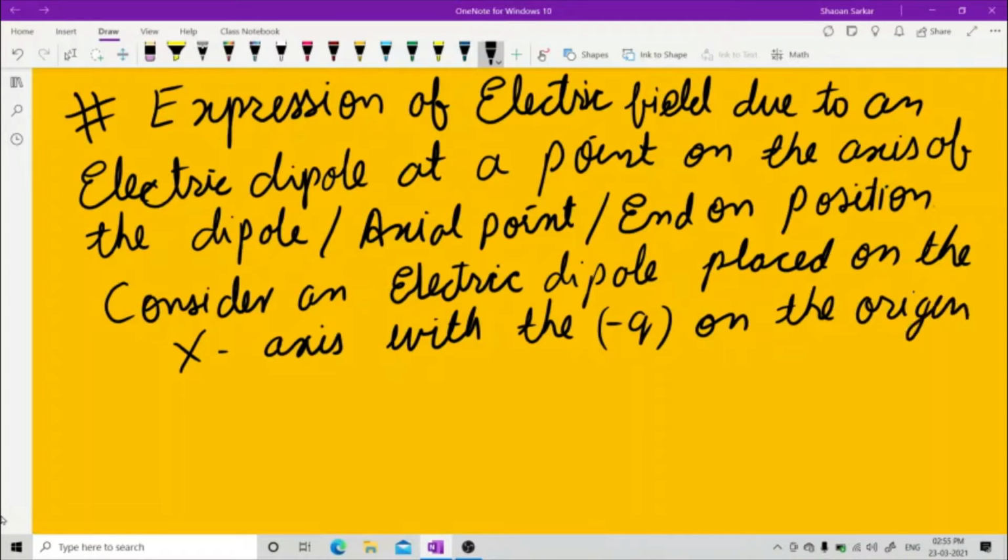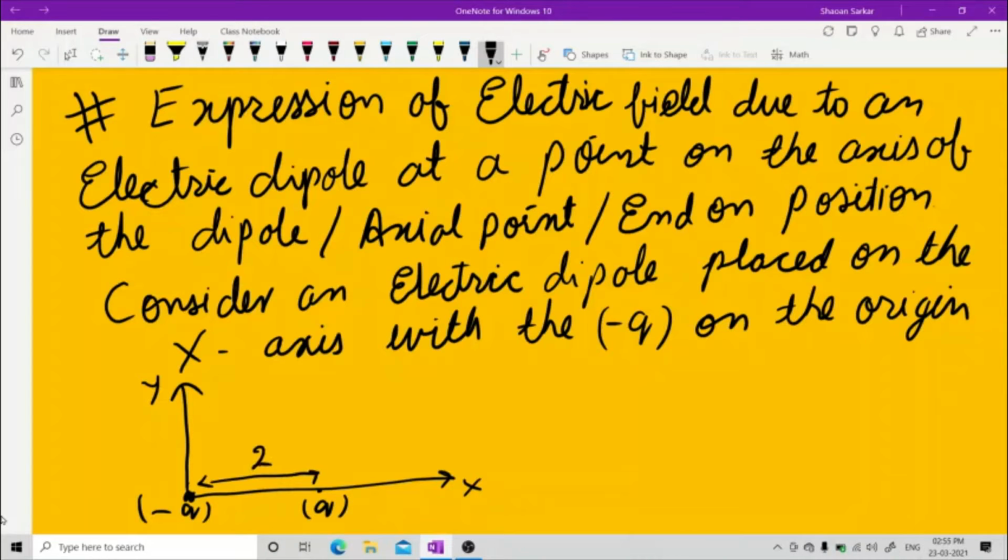Now the figure is something like this. This is your y-axis, this is your x-axis. This is your minus q here, and this is your plus q here, and the distance is 2a.